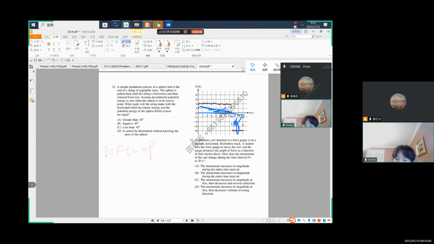Wait, what's the area to here? Then this is like here. Someone is pushing this, right? Of course, the velocity is changing, constantly increasing. Momentum increases, right? And then suddenly you're not going for this push, you go for this push.